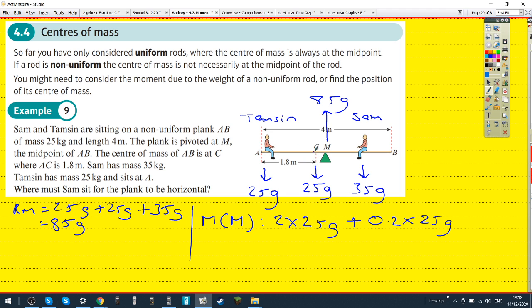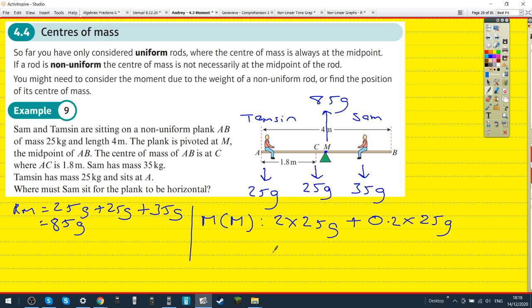So before we do anything else, we looked at the two. We took the midpoint. Take a moment about the midpoint. For this beam to be horizontal, what do you know about the forces on the left and the right of M? They're unbalanced.